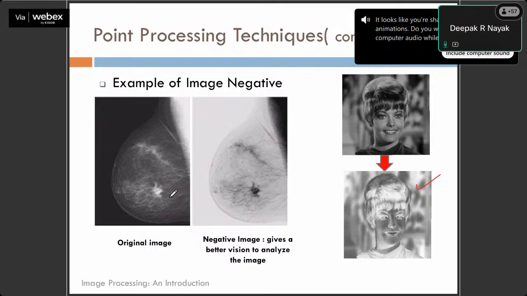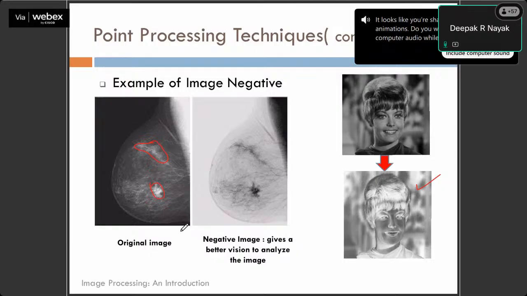Take mammogram images to identify breast cancers. These are the regions important for us, to identify whether breast cancer is present or not. Basically these are the pathological regions. There are fewer white or gray pixels here, and it is dominated by black pixels.